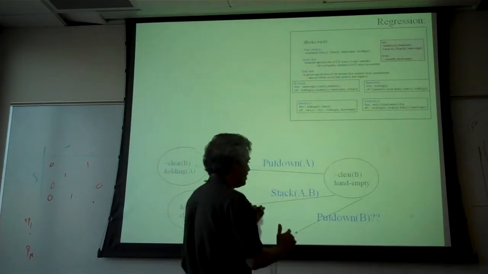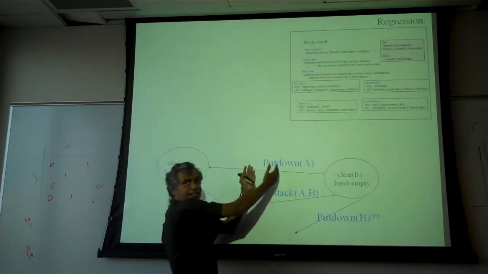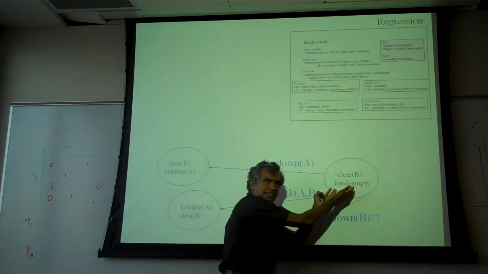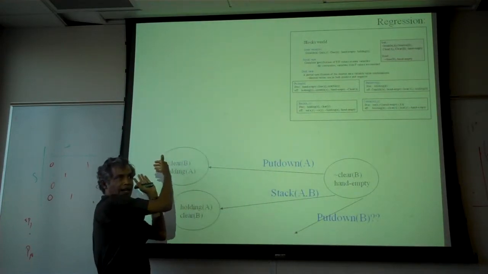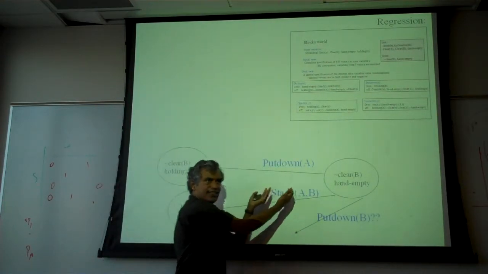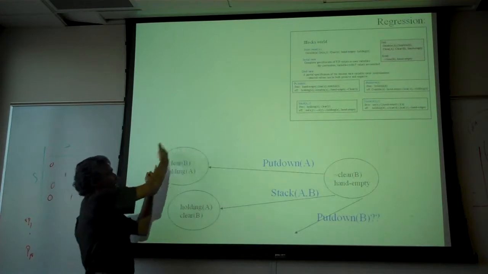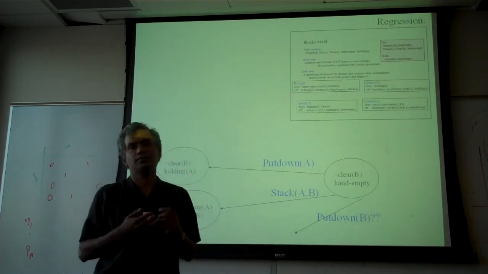If not, I take this, regress it over an action, pick an action, and regress it over that action. That action will give some of the pieces in this, and will transfer other pieces for other people to work on. Plus, because I put the action in, its preconditions now become sub-goals to work on. So this is a new partial assignment. If this holds in your initial state, you can stop.